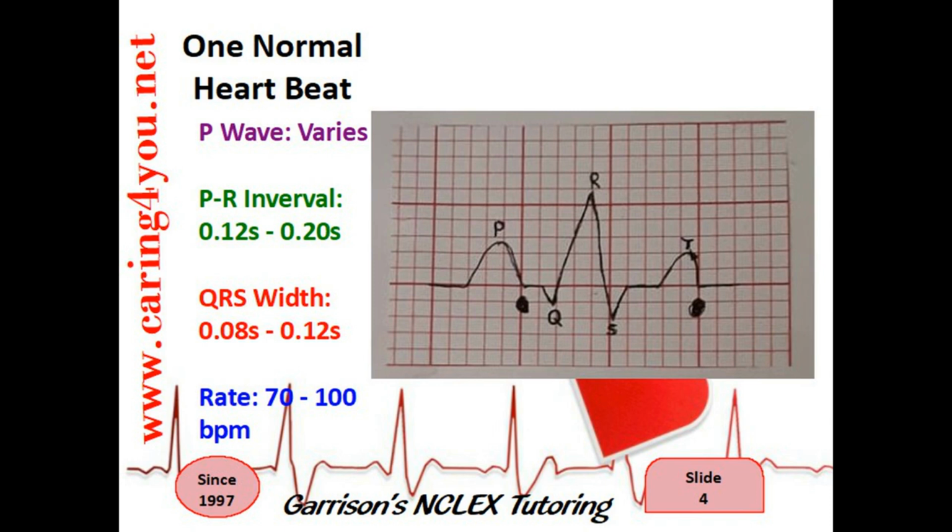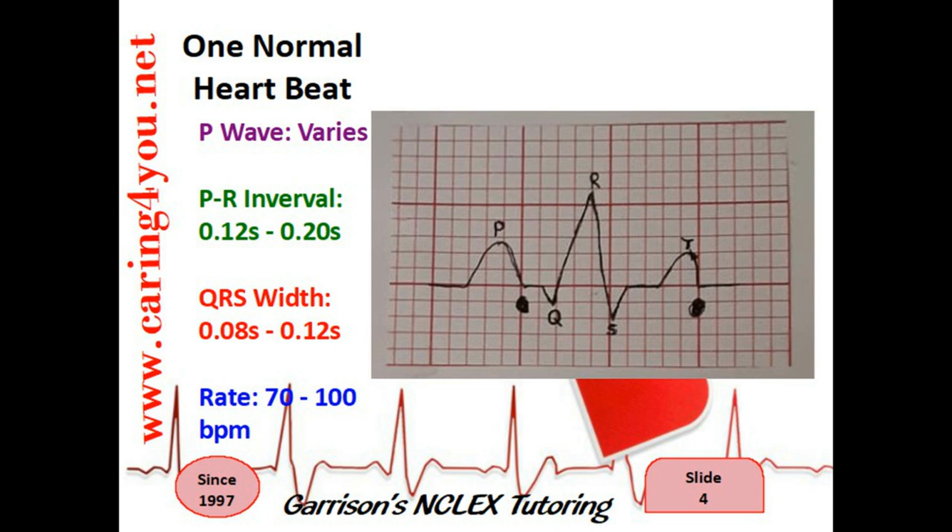So let's take everything we've learned so far and put it together. All right, the slide you see in front of you is one heartbeat. Now, when it comes to atrial fibrillation, ventricular tachycardia, or an MI cardiac strip, the P wave will vary. Remember I said look at the P wave? I want you to look at the PR interval.